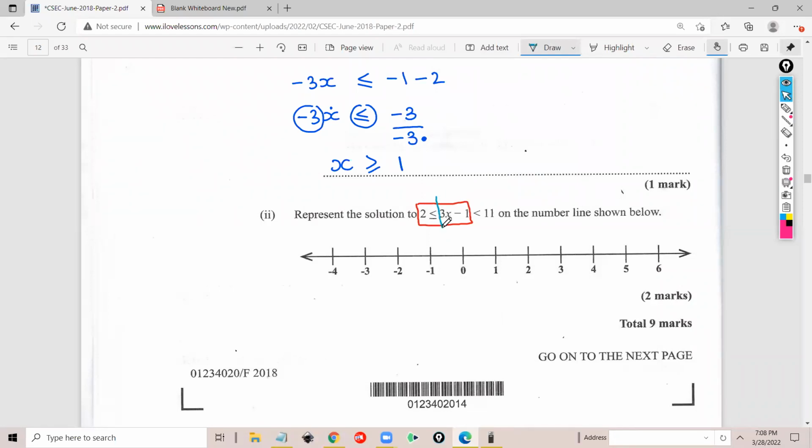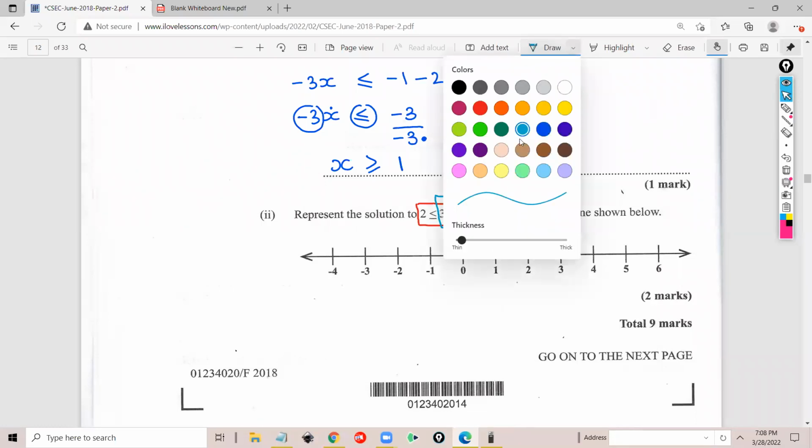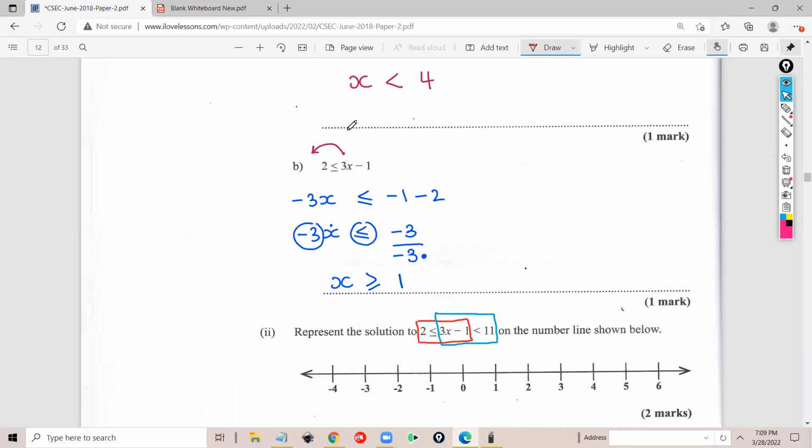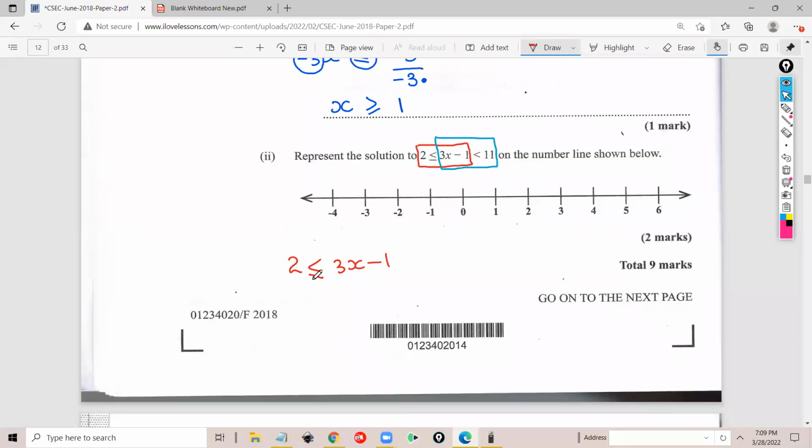But you all realize something? If you look at each of those rectangles individually, let's look at the red rectangle. We have 2 is less than or equal to 3x minus 1, right? Isn't that this same exact question we just did? And what was the answer for that particular question?